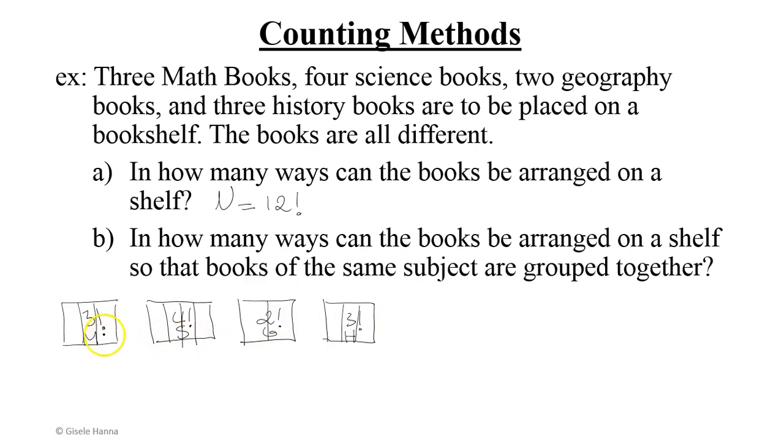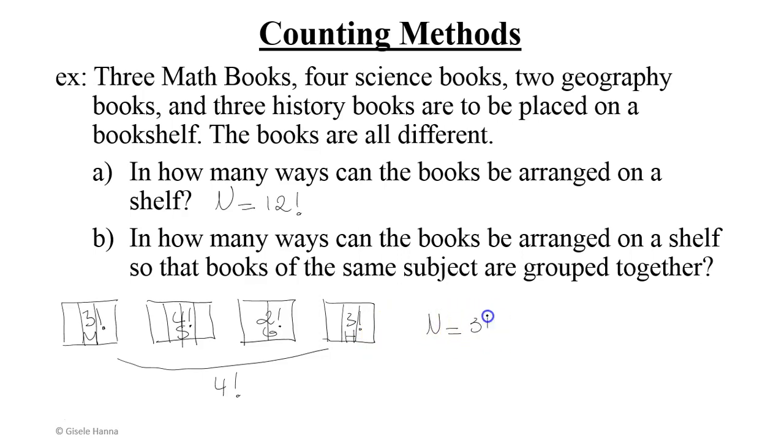However, if we look at each block as one object, we're facing 4 objects that we aim to arrange. So these 4 blocks can be arranged in 4 factorial ways. And according to the counting principle, we multiply these numbers of possibilities.